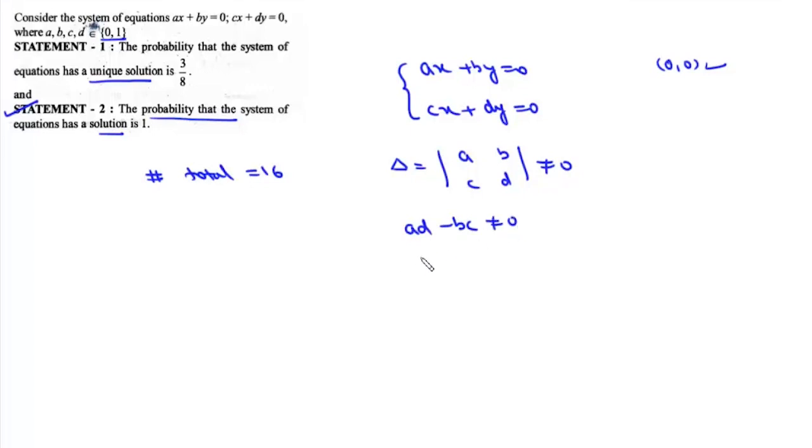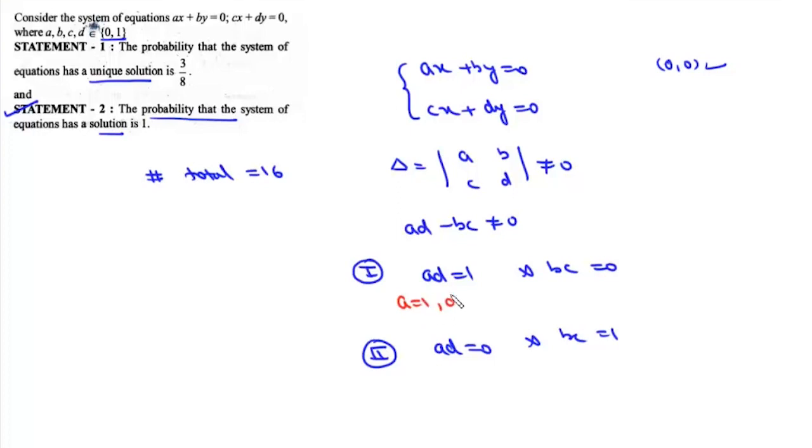Now it will be unequal to 0 when one of them is 1 and the other is 0. So we have this first case when ad is 1 and bc is 0, and this second case when ad is 0 and bc is 1. If ad is 1, then a should be 1 and d should be 1. If bc is 0, we can have b0 c1, c0 b1, or both b and c equal to 0.